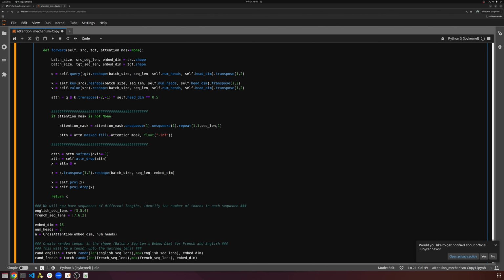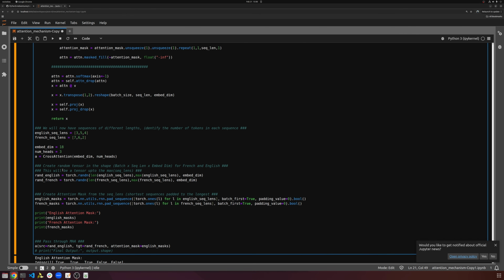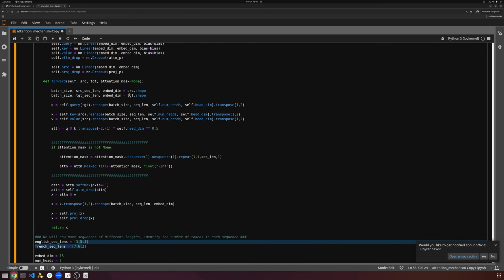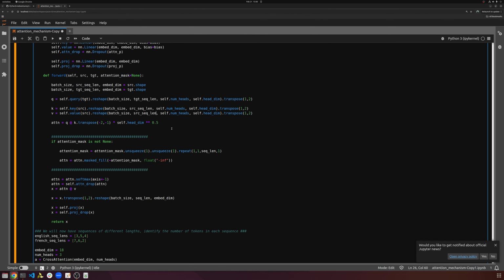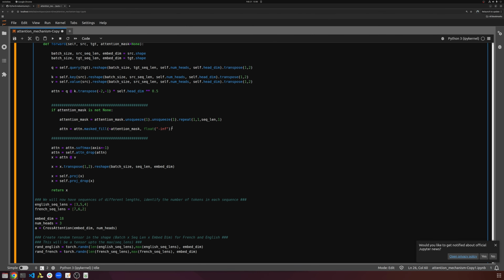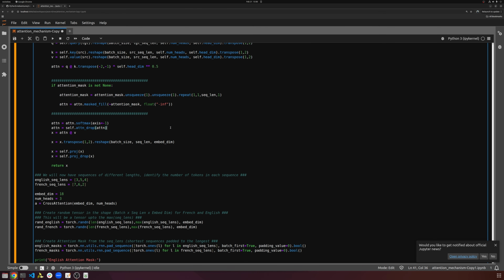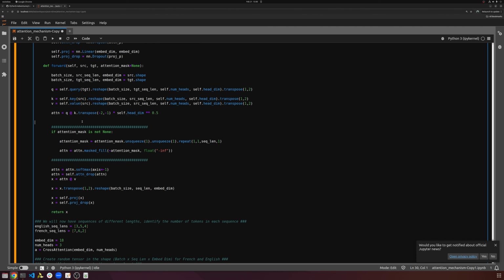So we have our source sequence length, because they can be of different sizes, as indicated here, right? So we have different lengths. So we have these, because when we do this reshaping and stuff like that, we need the sequence length, right? But this query will be based on the target sequence length, and the keys and values will be based on the source sequence length. But everything else stays the same. So nothing else changes.